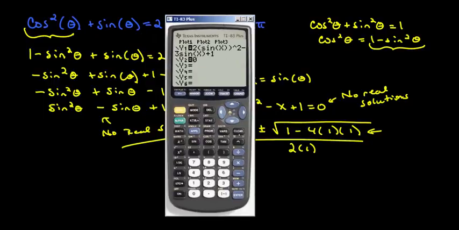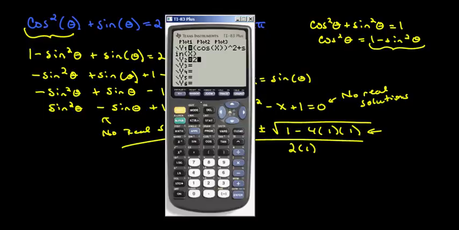So what I want to do here is change our equations. So I've got cosine squared plus sine. I want to know, when is that equal to a height of 2?